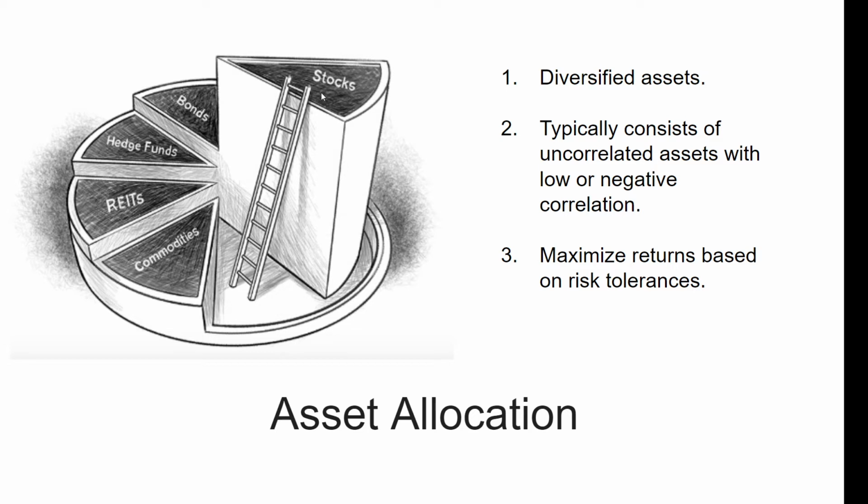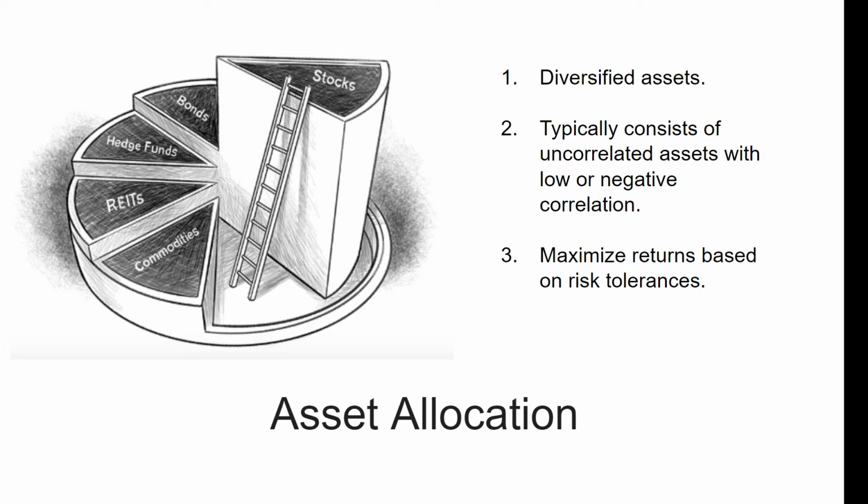Say 60% in stock, 10% in bonds, 10% in real estate, REITs, another 10% in crypto, and another 10% in commodities such as gold. You can do that. That's basically diversification of assets.